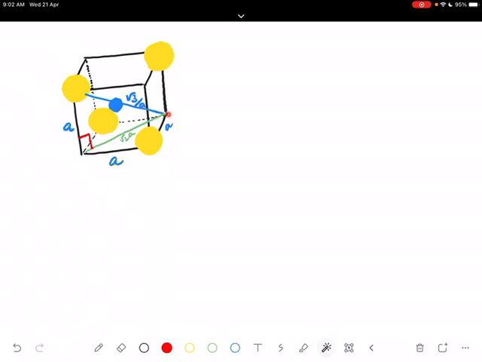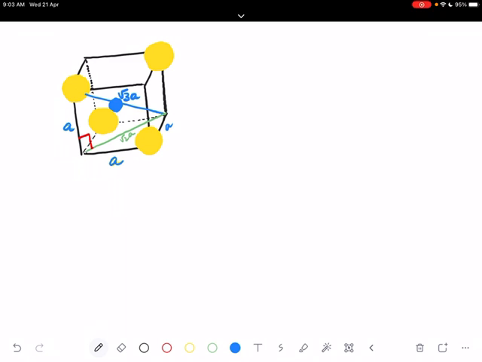This green square plus this A square is equal to the body diagonal square, the blue line square. So you get root 3A. This root 2A and root 3A we have already derived in the previous classes.